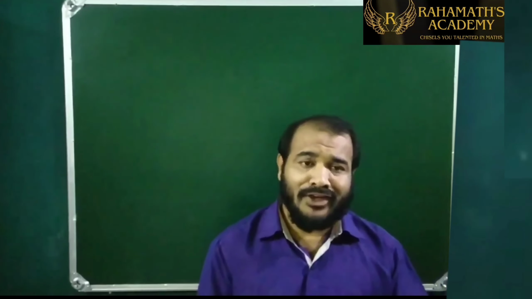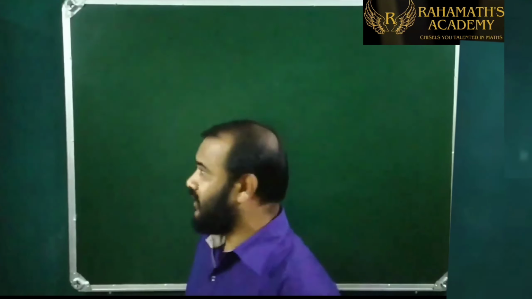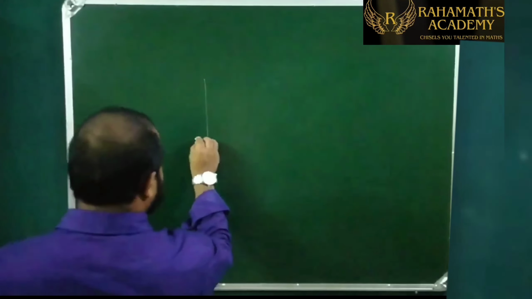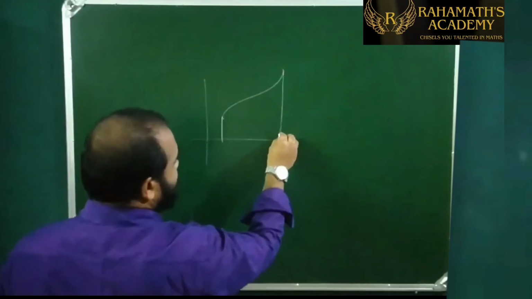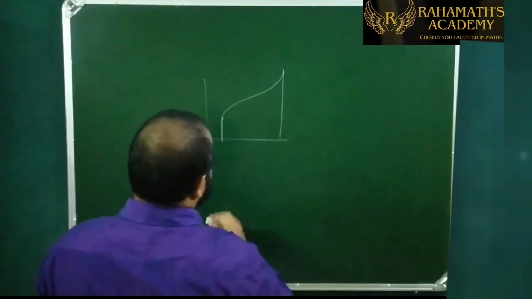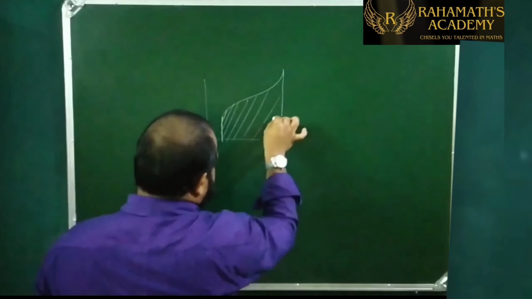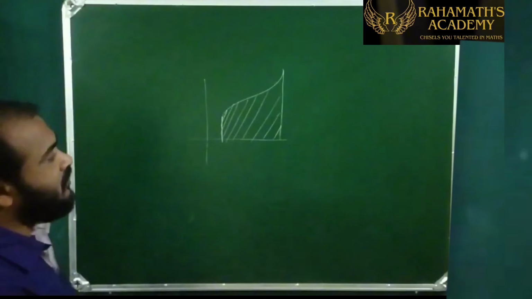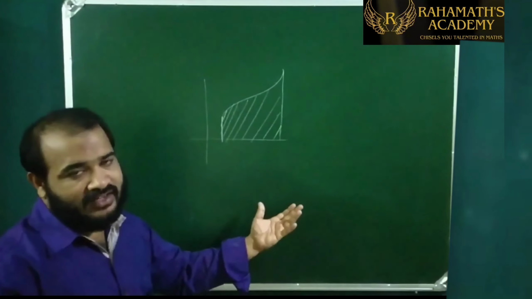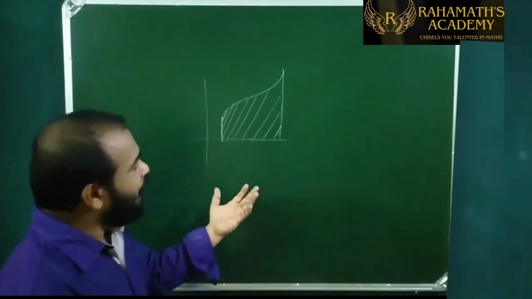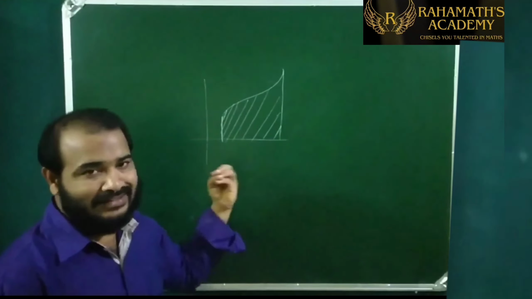What if we are asked to find the area of the region bounded by a curve like this? We cannot do it under regular circumstances. We need some tool to find the area for complex curves like this.